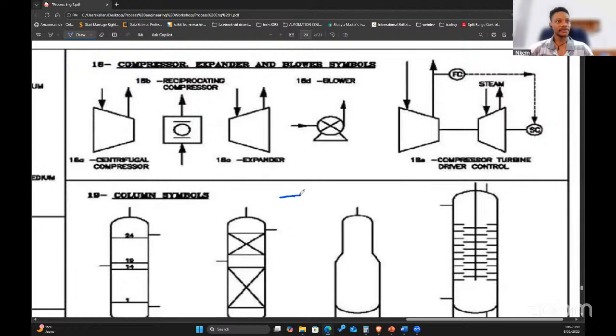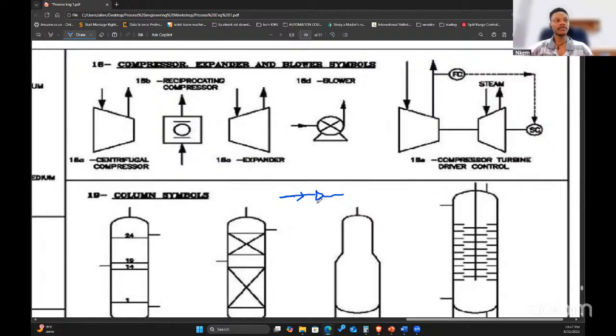So this is the process line, for example. Okay. This is the direction of flow, and you have this. Then it continues. See how it looks. It is small.